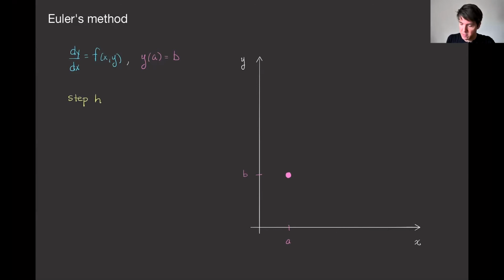Now this h is, figuratively, how much we step to the right as we're doing new approximations. So if we start at a, we step over by an amount h until we get to this new point, which is a plus h.